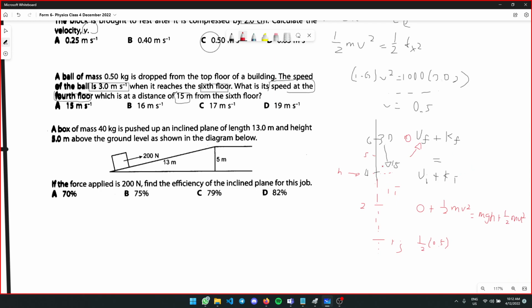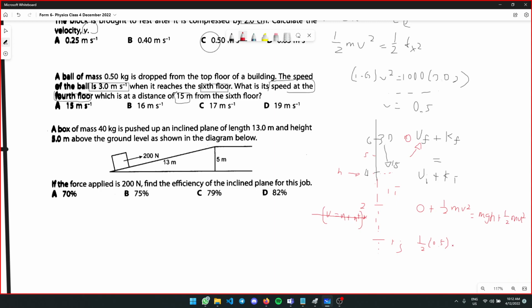You could count all of them together, but you'd still have to subtract all of these again, so it's unnecessary. You could use v equals u plus at, but then you have to find the time and so many things, unnecessary. Let's put zero.